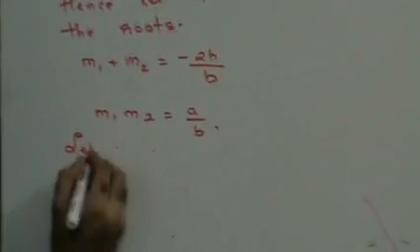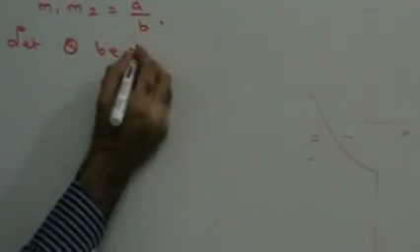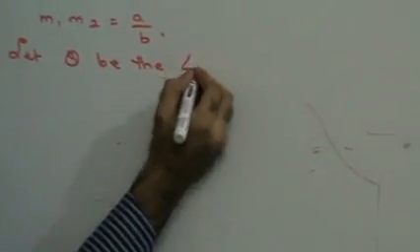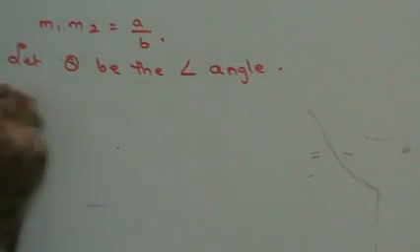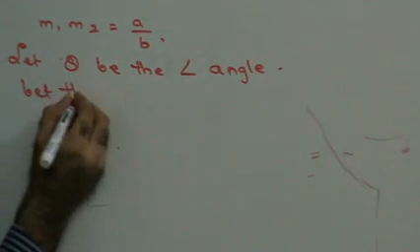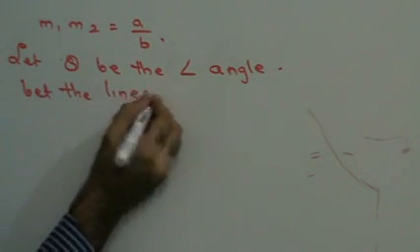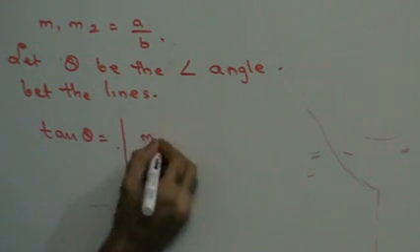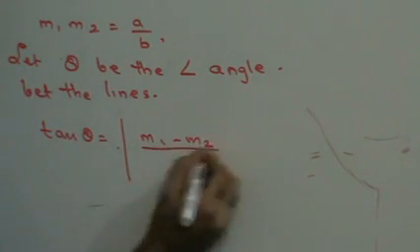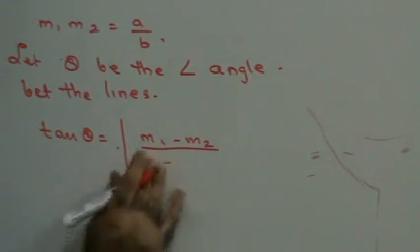Let theta be the acute angle between the lines. Hence, I can say tan theta is modulus of m1 minus m2 upon 1 plus m1 m2.